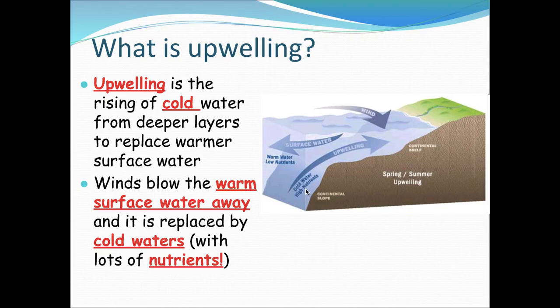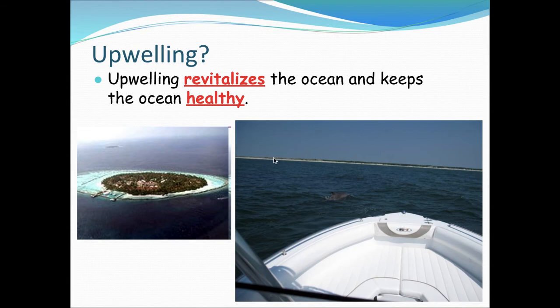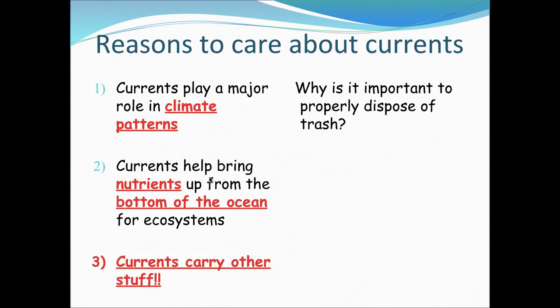And all the other fishies need upwelling to happen because they eat the plankton, or they eat something that eats the plankton. All right? So here's a fine example of upwelling happening around this little island. Around these little islands, you're going to have lots of different animals and living things because all these nutrients are abundant here.